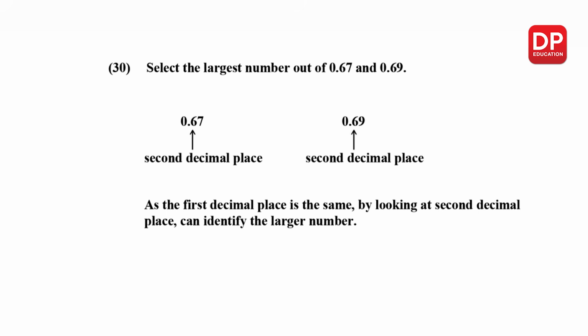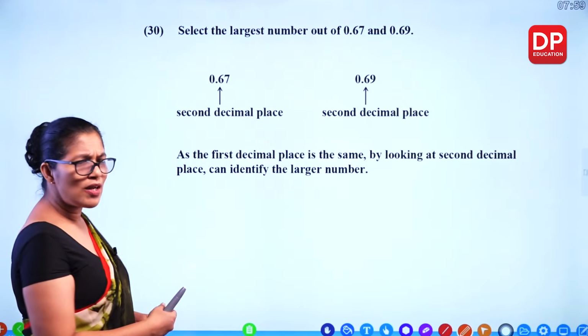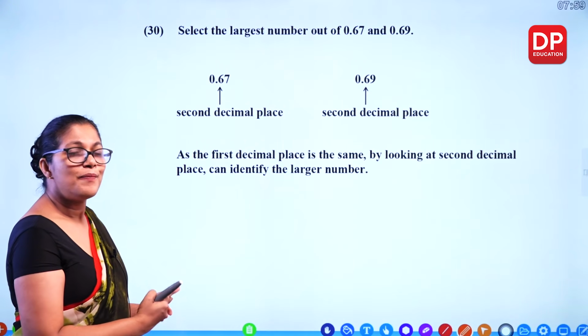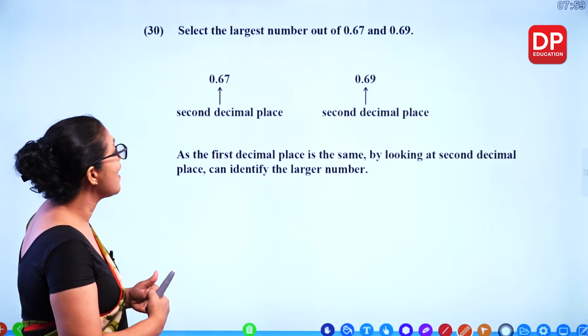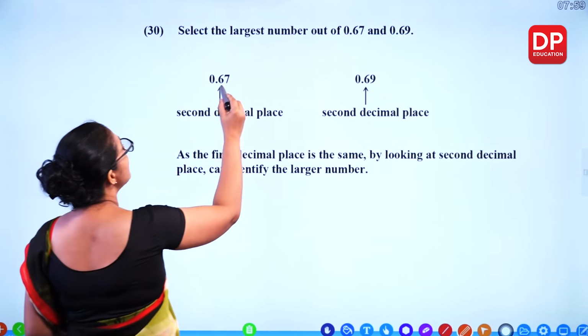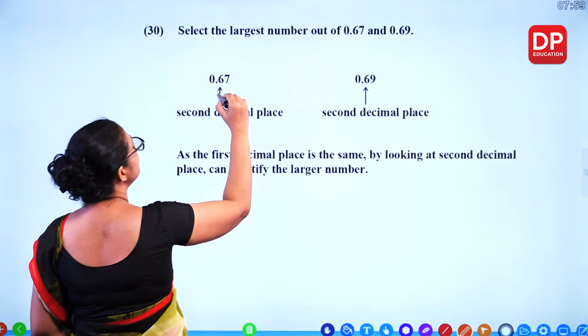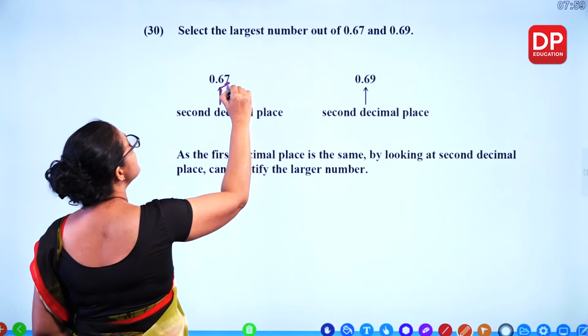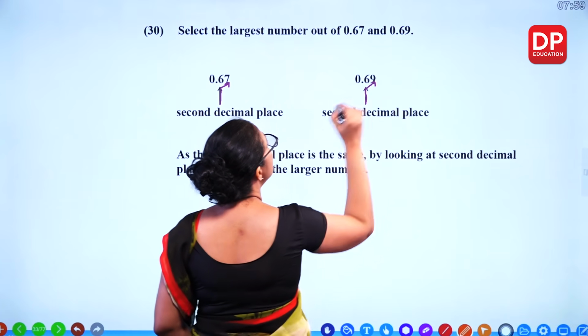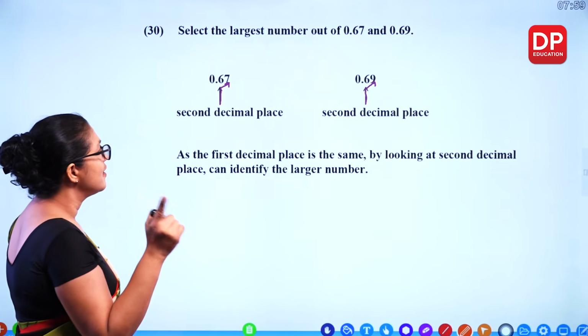Select the largest number out of 0.67 and 0.69. Now what happens? The first decimal place is the same. Then you have to look at the second decimal place. The second decimal place here is 7, and here it is 9.